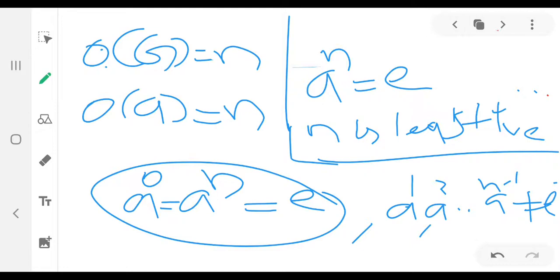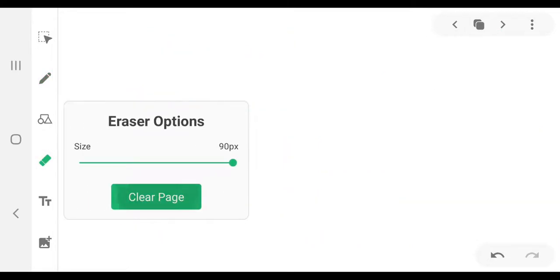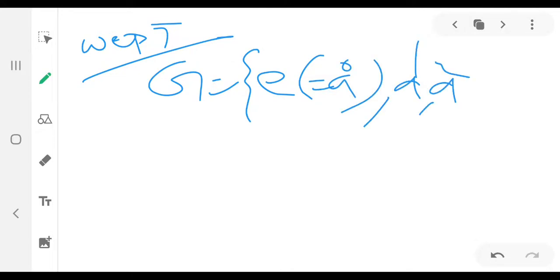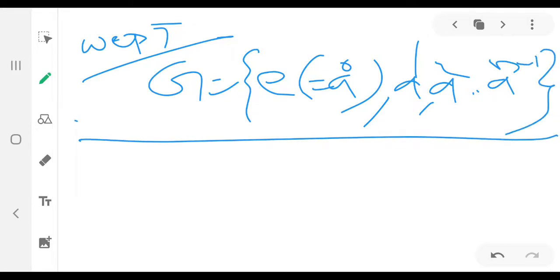ഇനി നമുക്കിവിടെ പ്രൂവ് ചെയ്യാനുള്ളത് രണ്ട് കേസാണ്, അങ്ങോട്ടും ഇങ്ങോട്ടും നമുക്ക് പ്രൂവ് ചെയ്യണം. അതിനു മുന്നേ G ഏതാണെന്ന് എഴുതാൻ പോകണം. ഓക്കെ, സോ we have to prove that G is equal to the set E, A raised to 1, A square etc., A raised to n minus 1. ഇതാണ് നമ്മൾ ഫസ്റ്റ് പ്രൂവ് ചെയ്യാൻ പോകുന്നത്. ഇത് നമ്മൾ കഴിഞ്ഞ തിയറത്തിൽ പ്രൂവ് ചെയ്തതാണ്. എന്നാലും നമുക്കൊന്ന് പ്രൂവ് ചെയ്യാം.